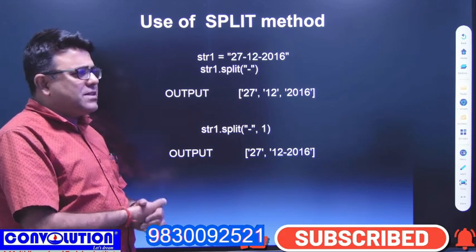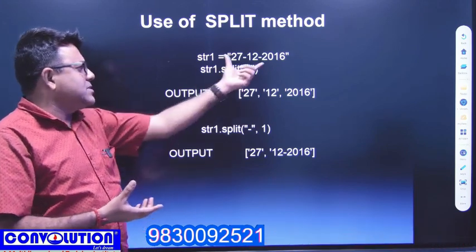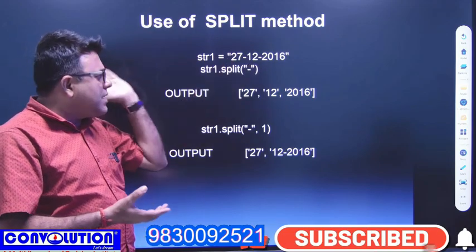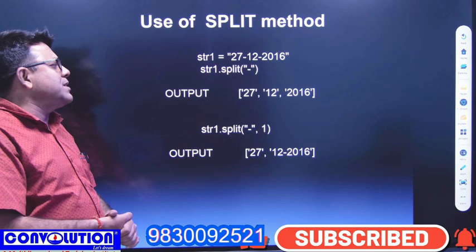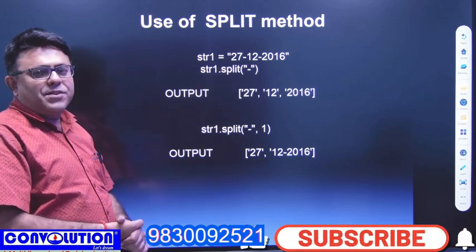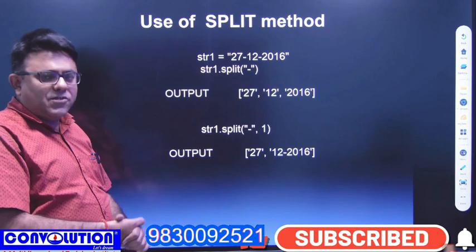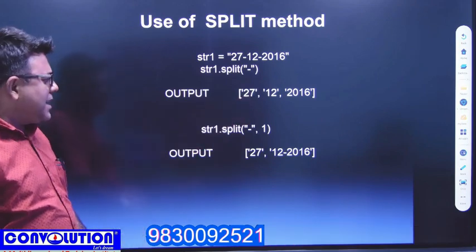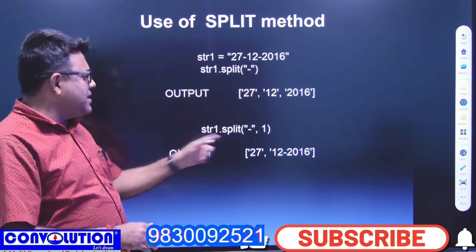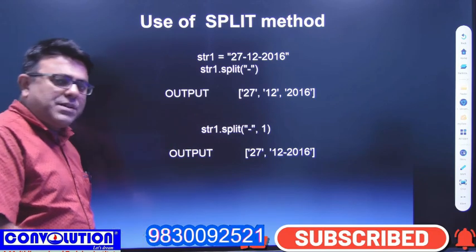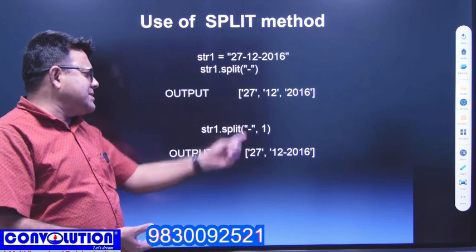So the split method takes a whole string and splits it with the help of a delimiter. Here, as a delimiter, I am using the hyphen symbol, so my output becomes like that. See another application: str1 dot split hyphen, then comma 1. Now what is happening here? See the output, 27.